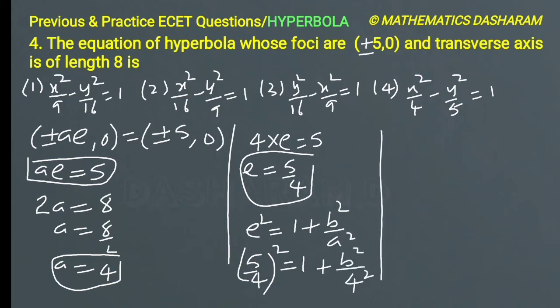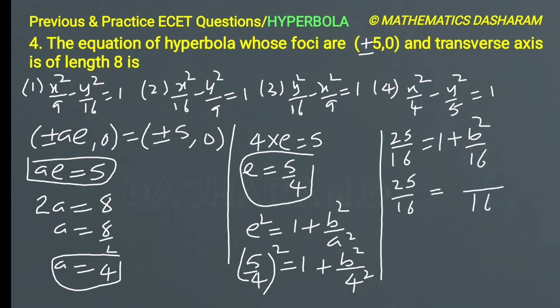So 5 by 4 squared, 25 divided by 16, equals 1 plus B square divided by 16. Here LCM is 16, so 16 plus B square, and both are cancelled. 25 minus 16 equals B square, so B square value is 9.